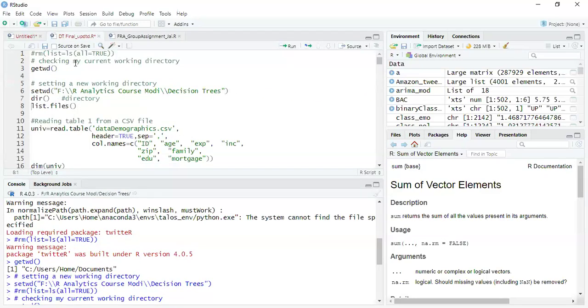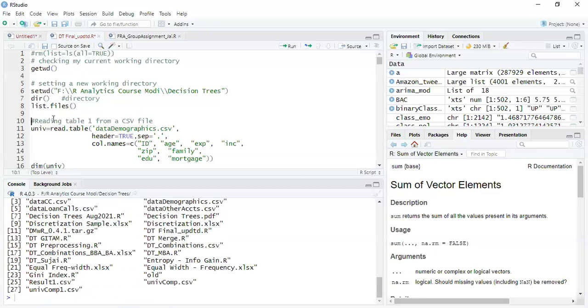So I am fine with it. Or use list.files, you will get the same output. You can use any of the functions, dir or list.files. Once you are confirmed that all the files you require are present in the directory you have set, we are good to go.